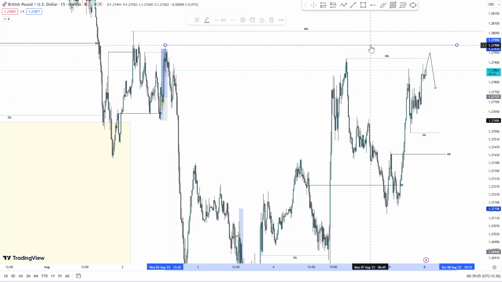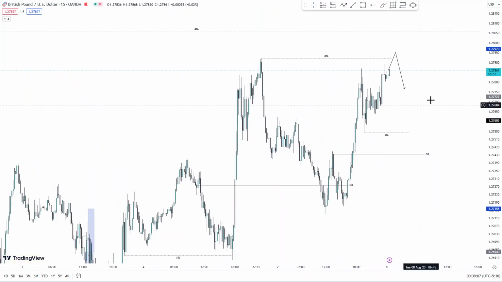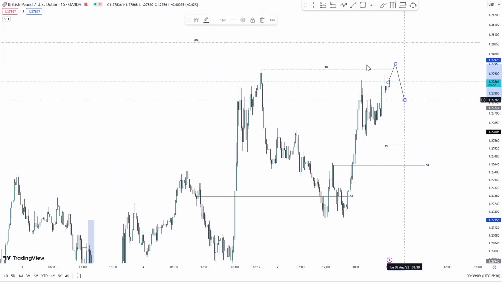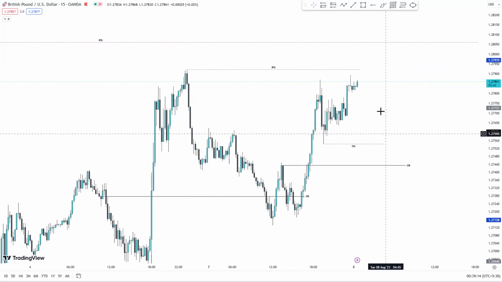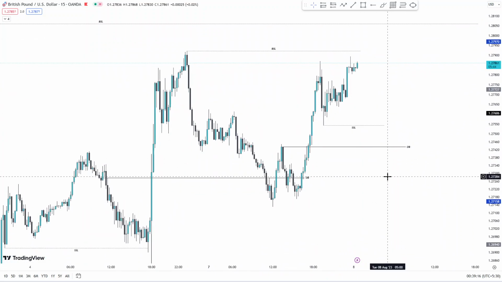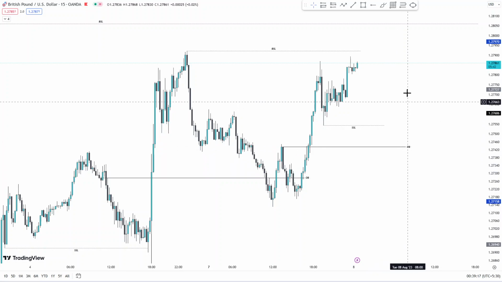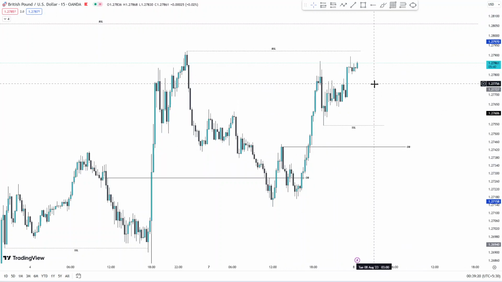That is why I haven't marked that, but we can look for some confirmations to short from here for a small retracement. Obviously, we are bullish on the higher time frame, right? So for a retracement, yes, we can look for some shorts, but you should time your entry really well. So yes, that's it, guys.